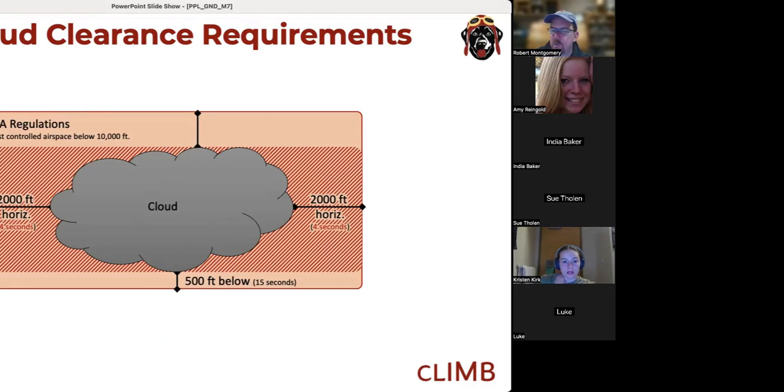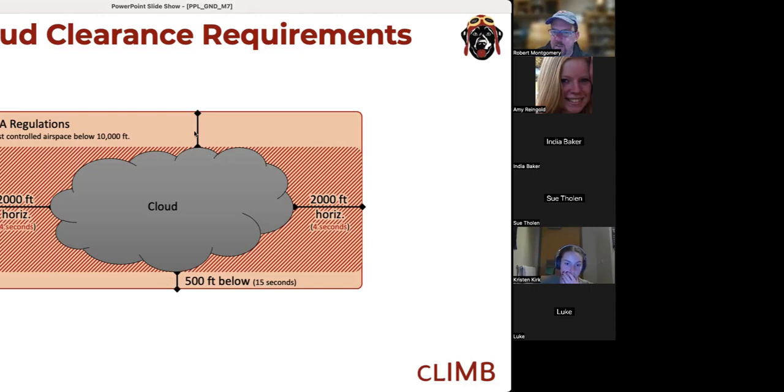It sounds great. It's not. If an airplane is descending out of the cloud and you're 500 feet below it, you have about 15 seconds before it hits your altitude. Maybe enough time to avoid it.